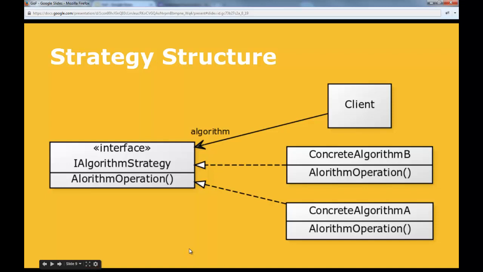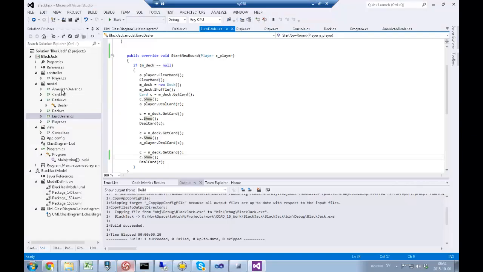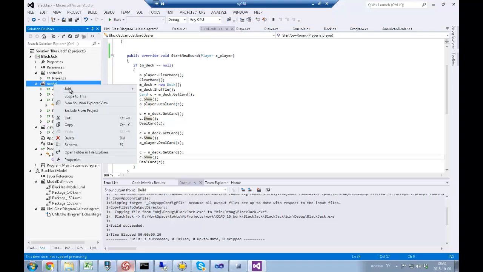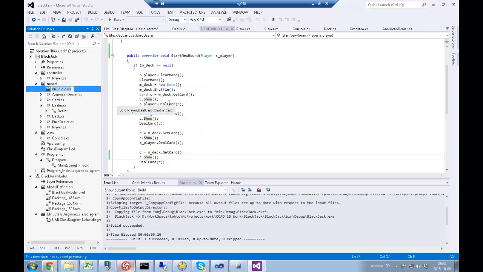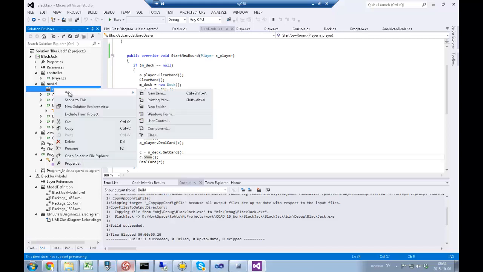So let's do this, and you can take a look at how it will be. For this, I actually will add a new namespace. Call it rules. And we will start by adding the interface.